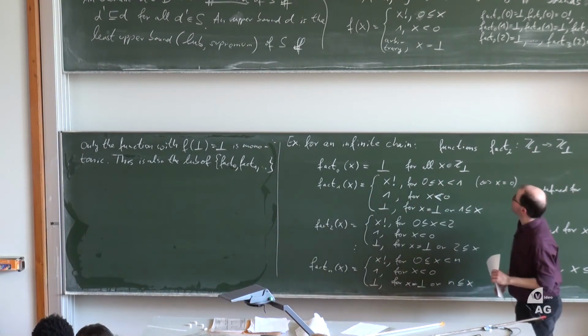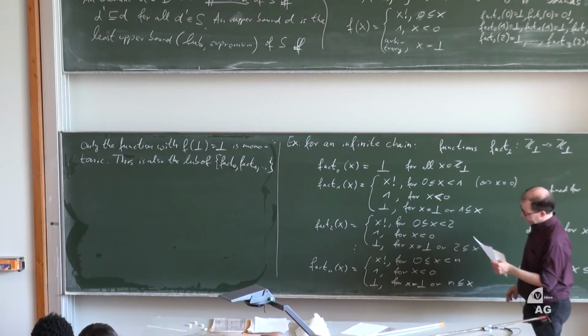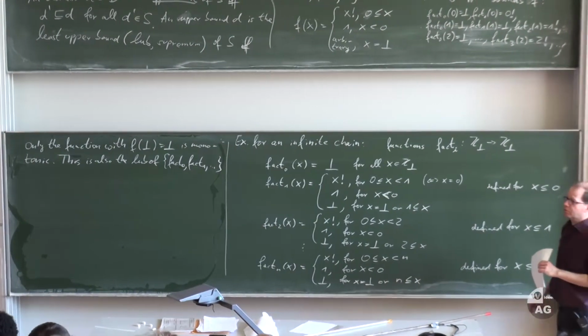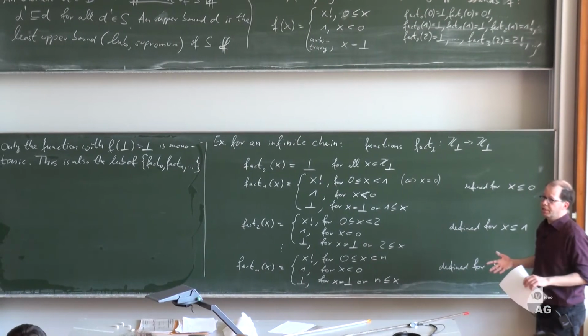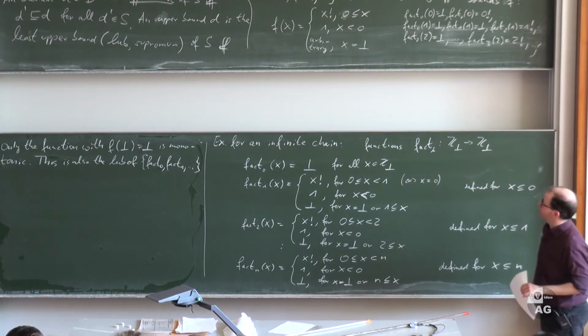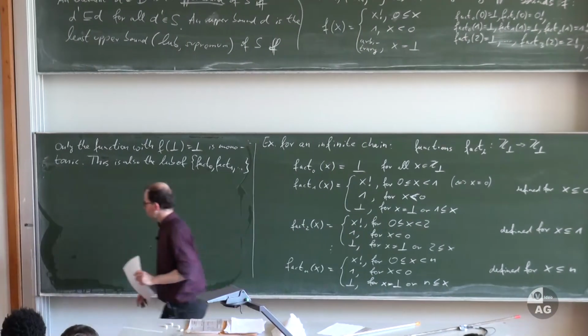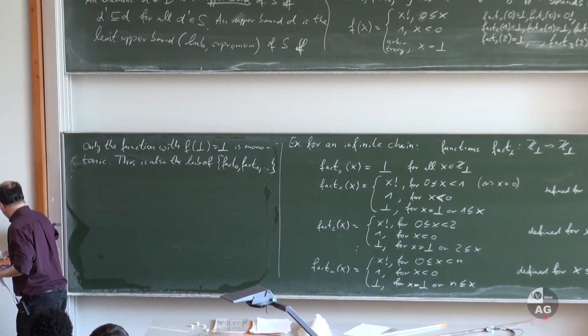So we might now ask ourselves, do these least upper bounds always exist? So whenever we have a chain, is there really a least upper bound? And if there is, how can we compute it? How can we get it? And there, the following lemma can be useful.